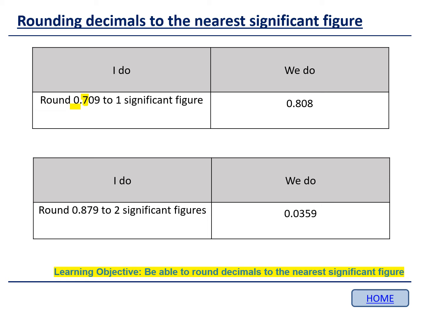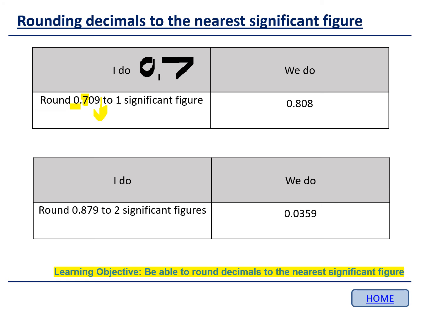So straight away we know that we're probably going to be rounding back down with the thousandths column here. And we're going to stay at 0.7 to one significant figure. Okay, the redo, pause the video, have a go at this, and then when you're ready, play again and we'll have a look at the answer.